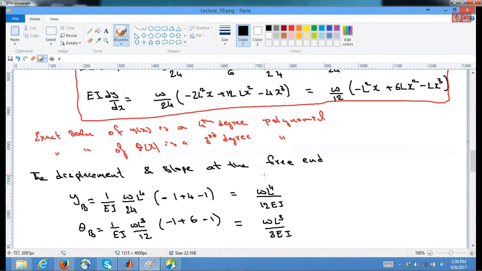So now we have obtained our exact solution and also evaluated the displacement and slope at the free end, that is x is equal to L, from our analytical expression.